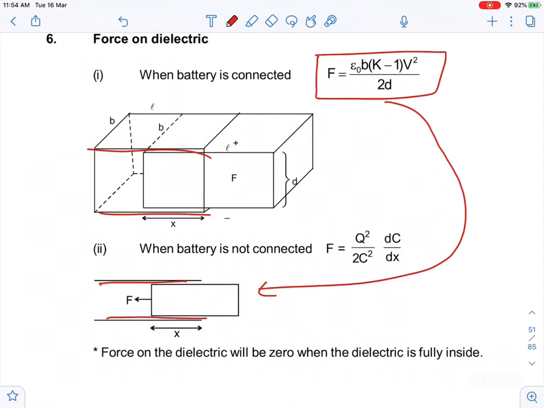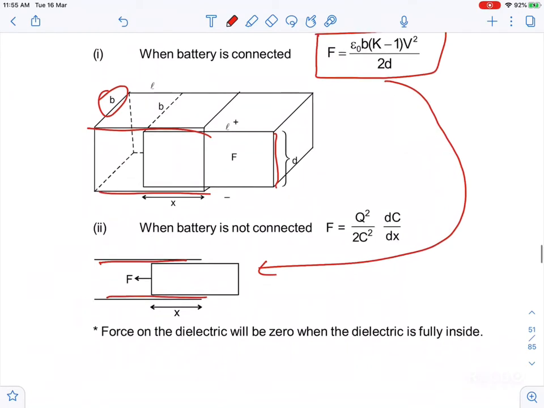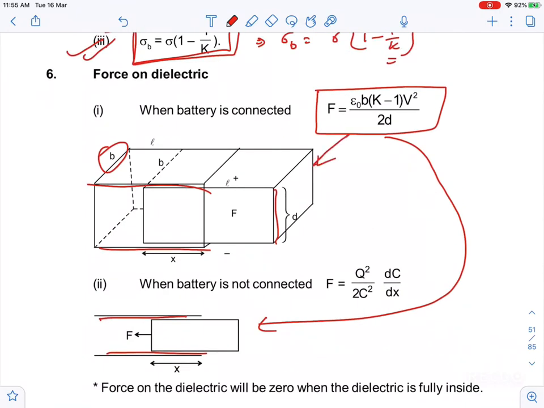F is equal to epsilon naught b (k minus 1) V square by 2d. B is the width, that's why I made this diagram like this. So this is b and this is d; d is the separation between the plates of the capacitor, and V is the potential difference you are applying.